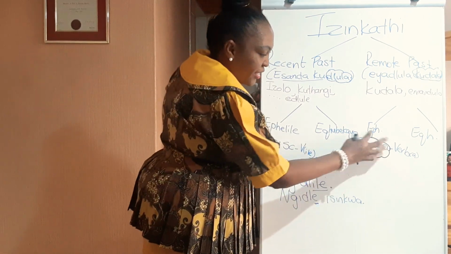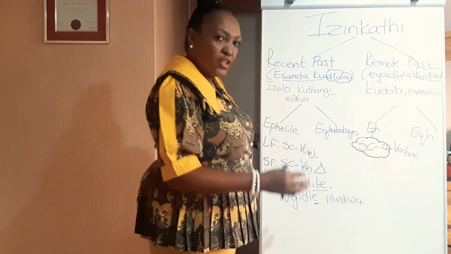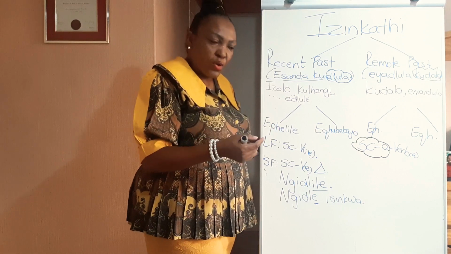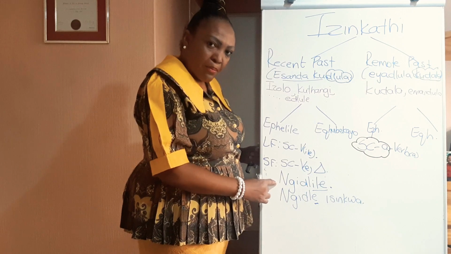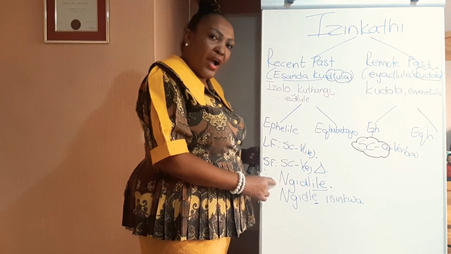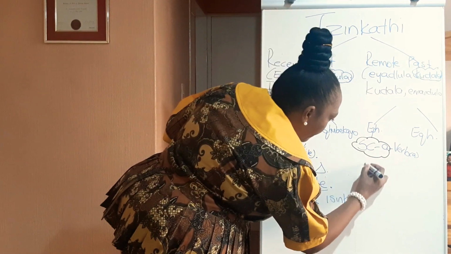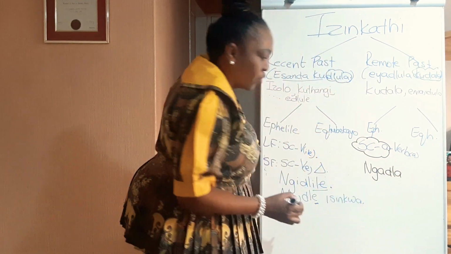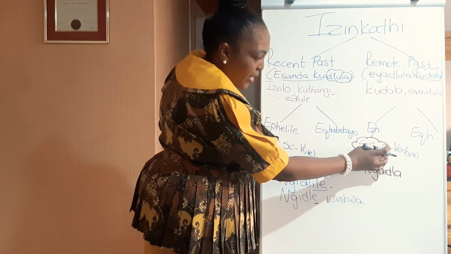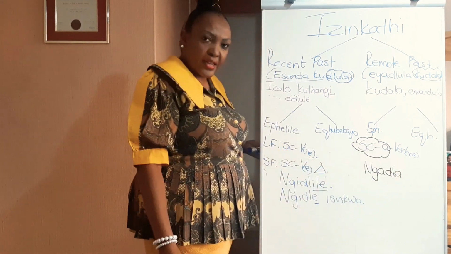And then if you don't understand how we form this particular part, you can WhatsApp me, and then I will further elaborate to you. So for example, if you had to convert this example, ngidlile, into I ate, you then say ngadla, because you'd have taken gi plus a together with your verb dla.